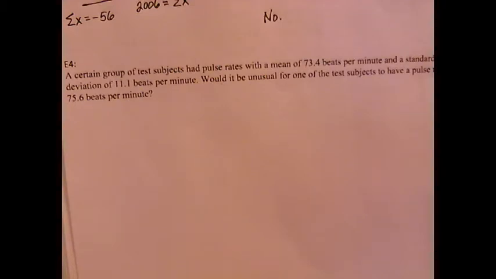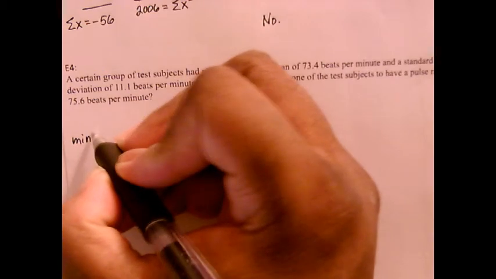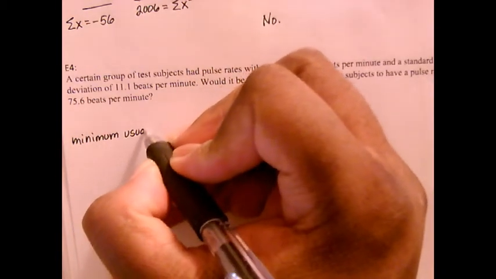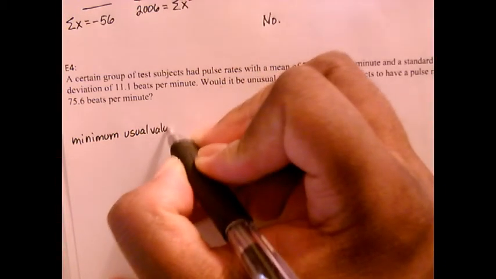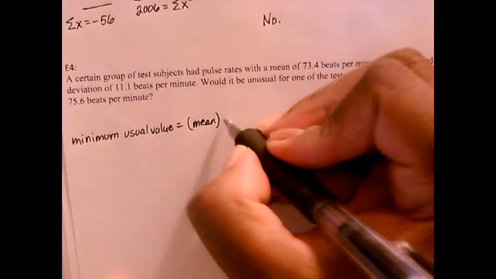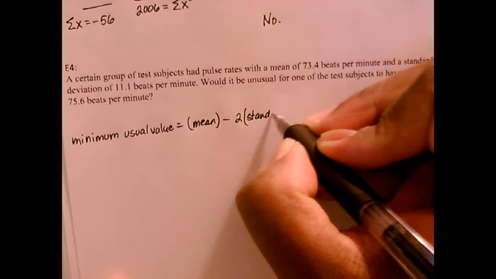So in this case here, the minimum usual value is always the mean minus 2 times the standard deviation.